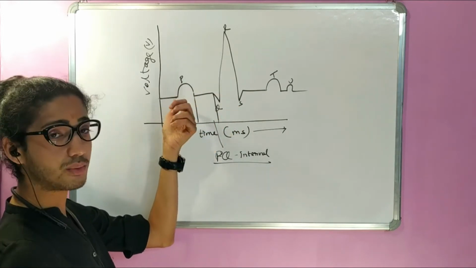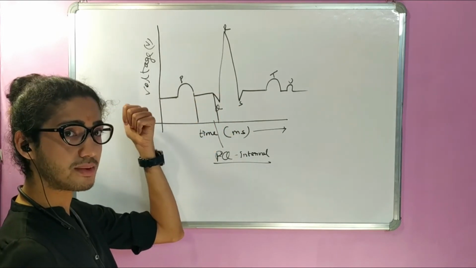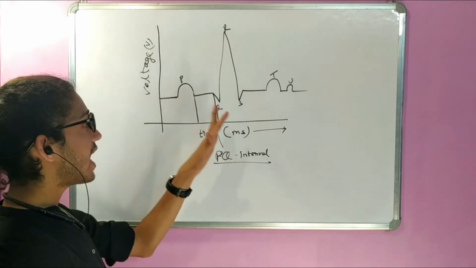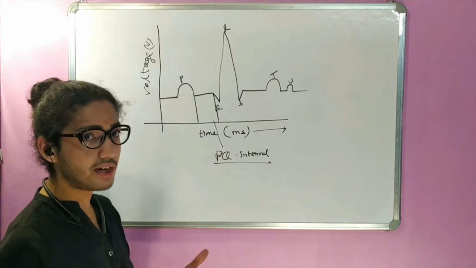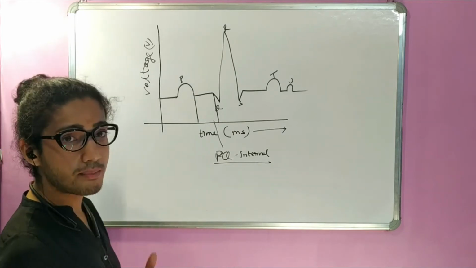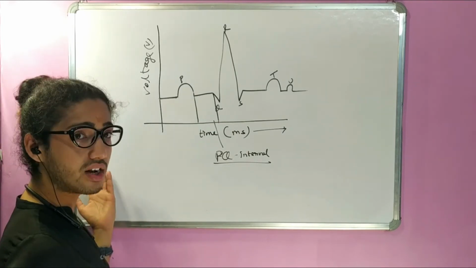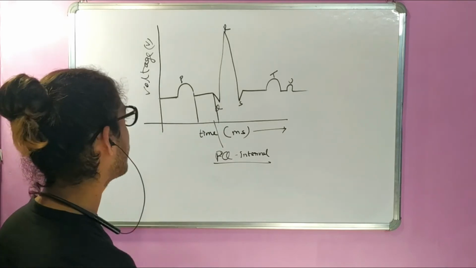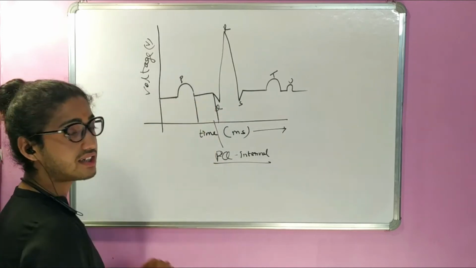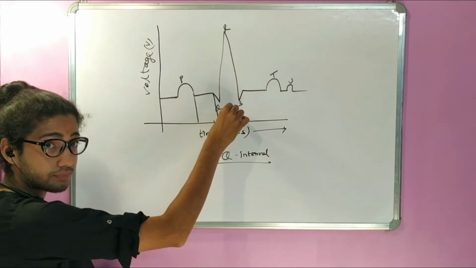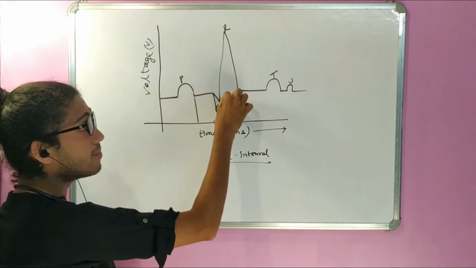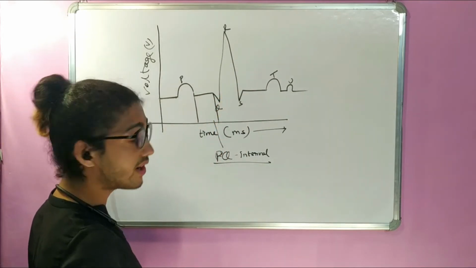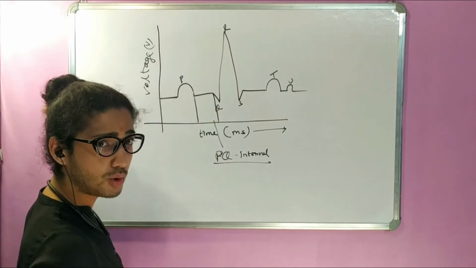So the SA node has generated the first impulse and it is conducted to the AV node, and as we have studied before, the AV node makes sure that the entire atrial contraction happens before the ventricular contraction begins. That's why there is no electrical activity. Then there is a slight reduction in the electrical impulse before the ventricular contraction, which is represented by this Q wave.